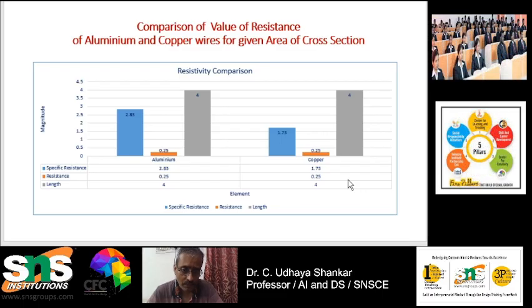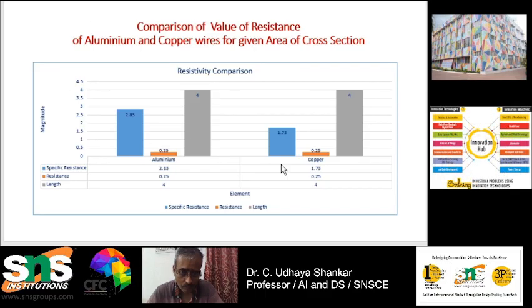So from this graph you can see that the length is common, that's 400 meters. Here I have taken it as 4 in order to view it very clearly. And similarly the specific resistance, you can see that for aluminum it is 2.83 and for copper it is 1.73.